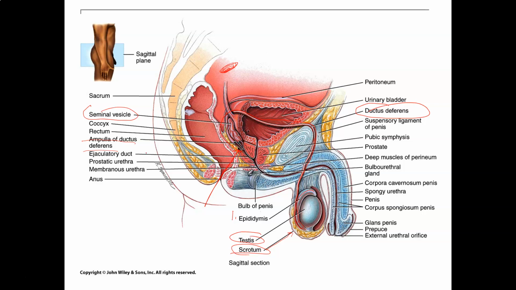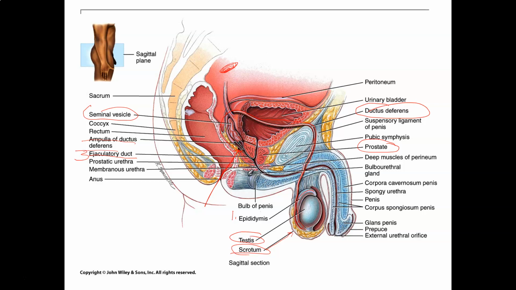Once they merge, we get into the third duct. They call it the ejaculatory duct. It's called that now because the sperm that was in the ductus deferens is going to be mixed with secretions from the seminal vesicle and also another important male exocrine gland, the prostate gland, which is right under the bladder.